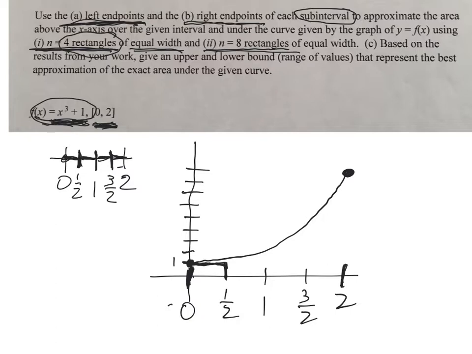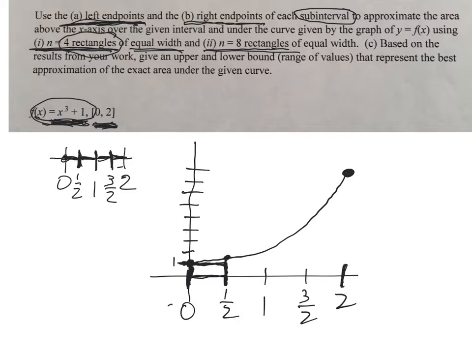So this is why I say use the left endpoint to create the rectangles. So our first rectangle would have a height of 1, or length of 1, okay, and the width, well, a little distorted here, but the width is just 1/2. Okay. So the next rectangle, left endpoint, we use 1/2.